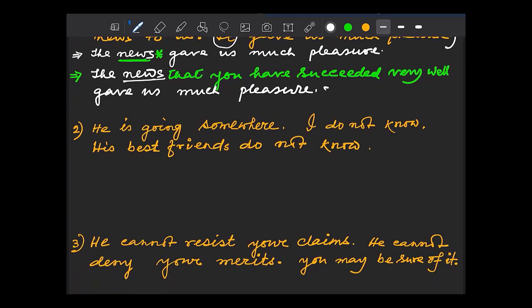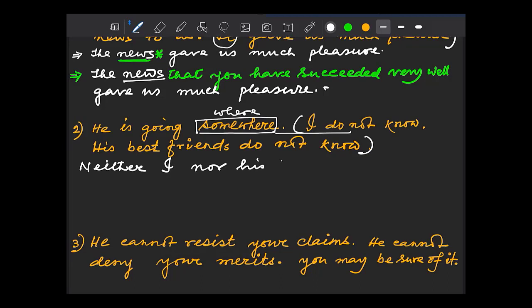Next one. He is going somewhere. You know, somewhere means where. We'll start the sentence with where. Where he is going. It is done. I do not know. His best friends do not know. Combine these two sentences first. That means neither I nor his best friends know.